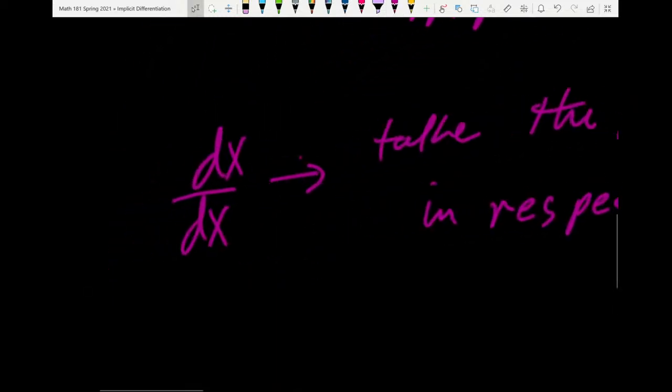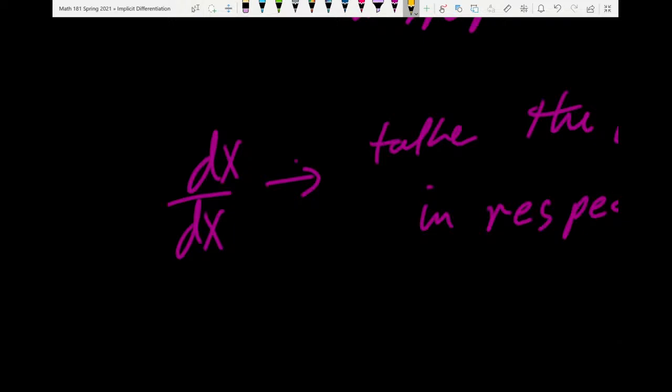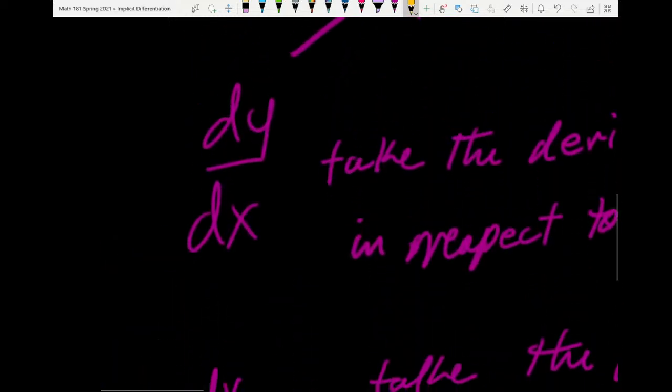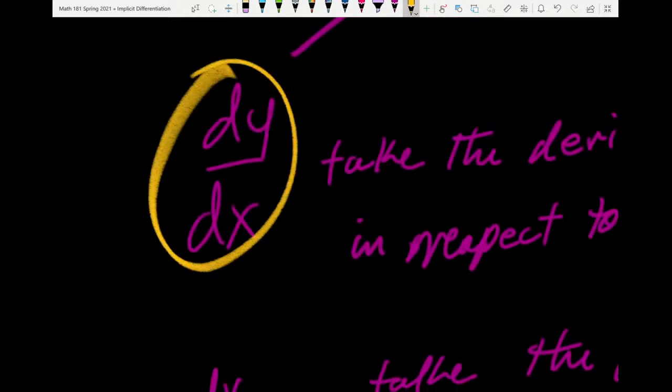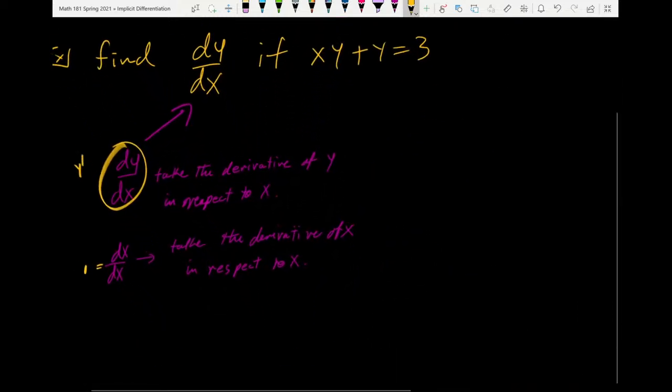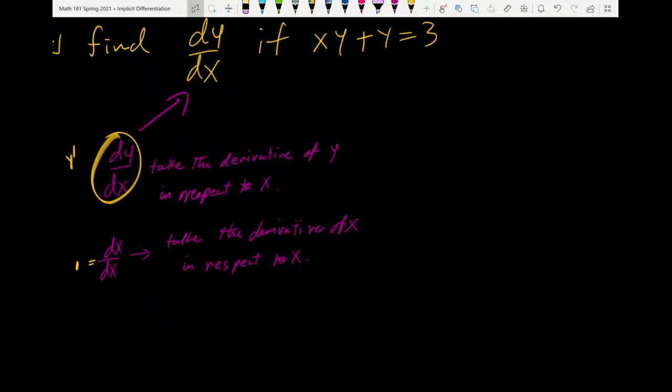Well, this part is kind of redundant. Here's the reason why: dx over dx is just 1. Whereas dy/dx doesn't change. That's the variable, and this essentially tells us what y prime is. All right. So how do we find dy/dx of that problem?